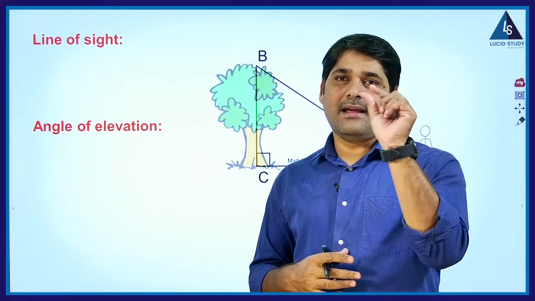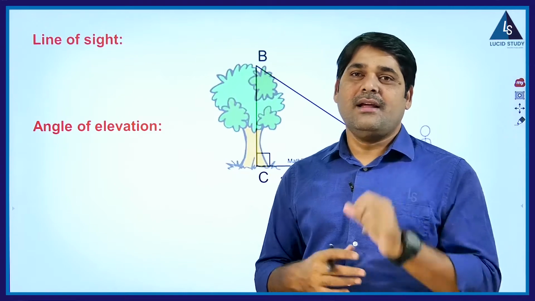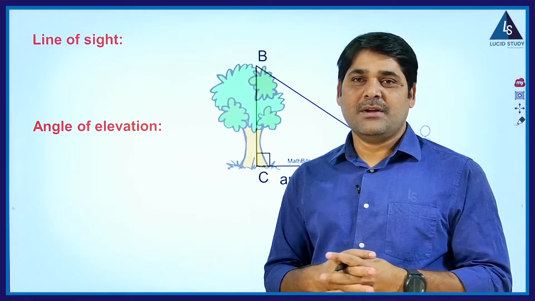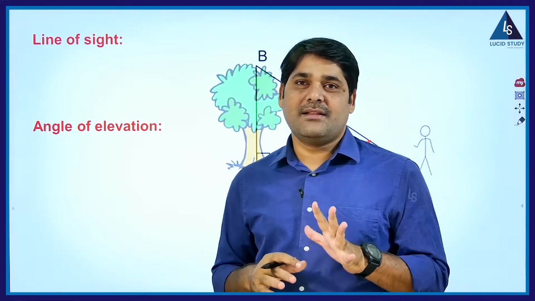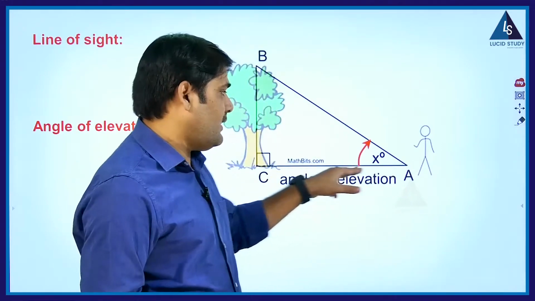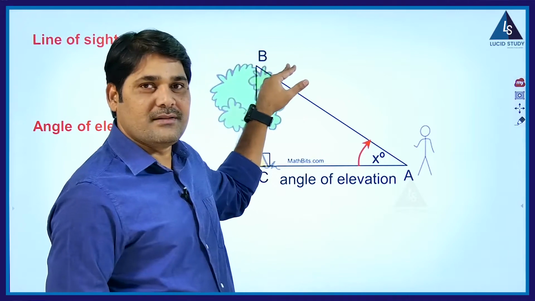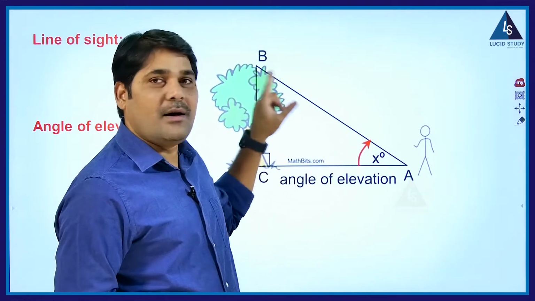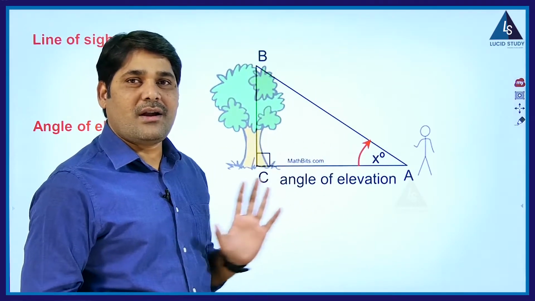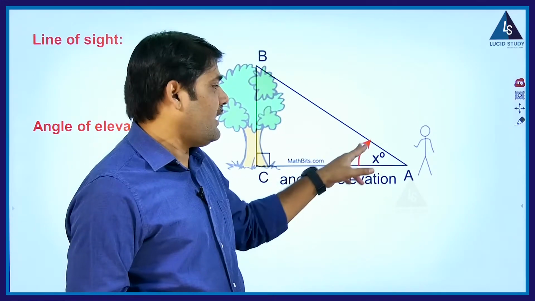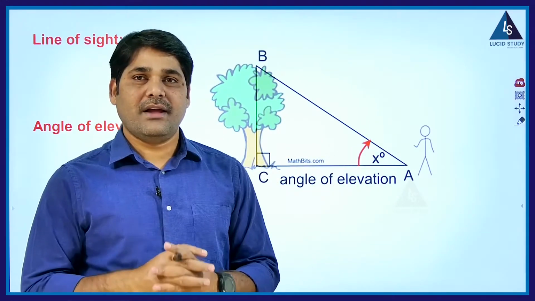Whatever connecting ray is your line of sight. The angle made with the earth, see, this is the earth and this is the line of sight, you are observing the object which is taller than you. So this angle is said to be your angle of elevation.